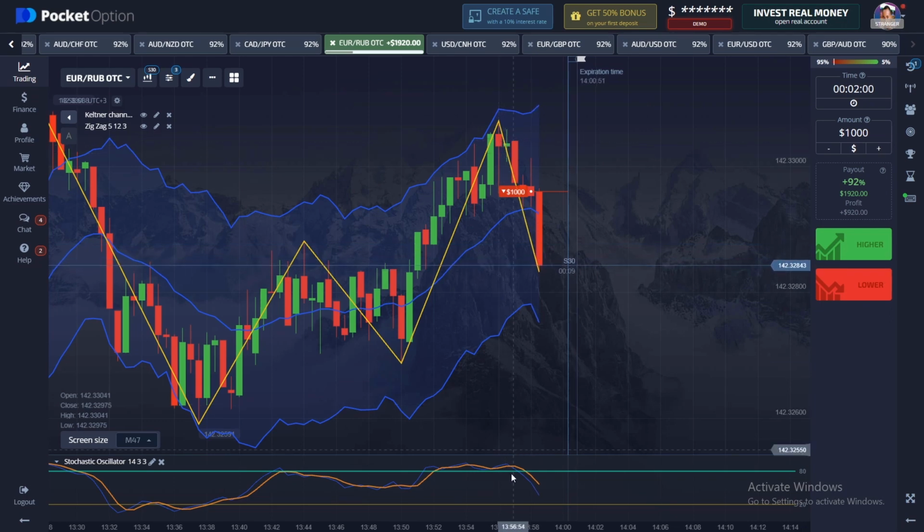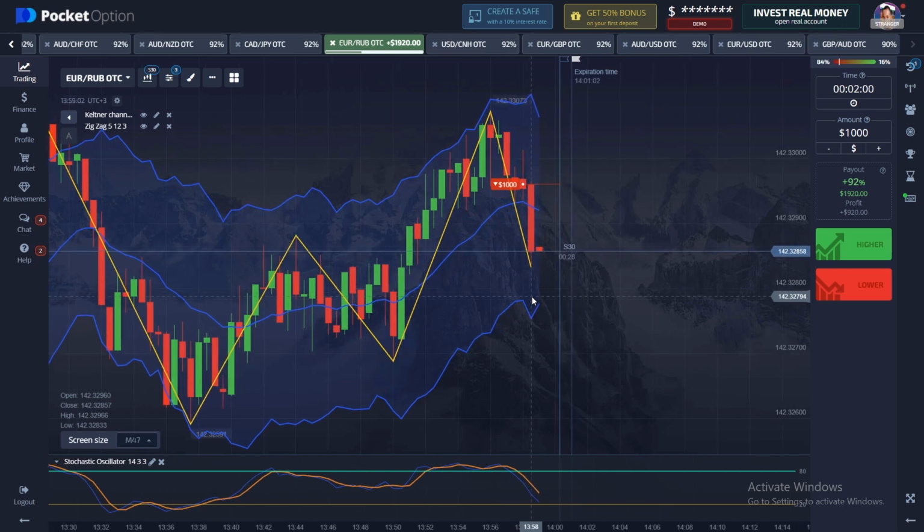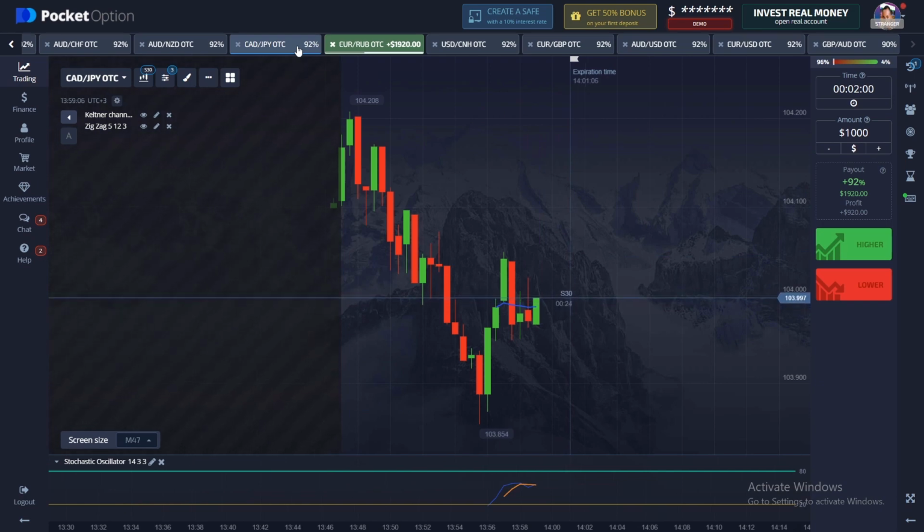Here we see the stochastic oscillator in the overbought area, intersecting each other and heading down, and this is a crucial time for you to take this trade, and we are sure this is going to be a profitable trade. And let us check another opportunity while this trade is going.